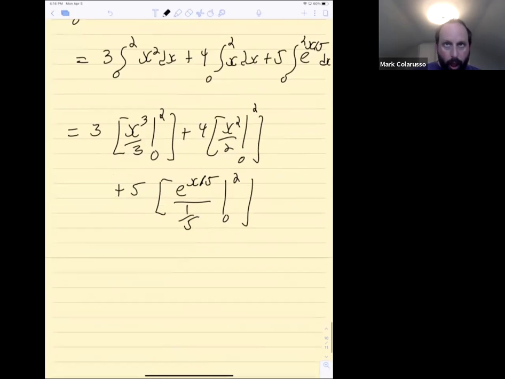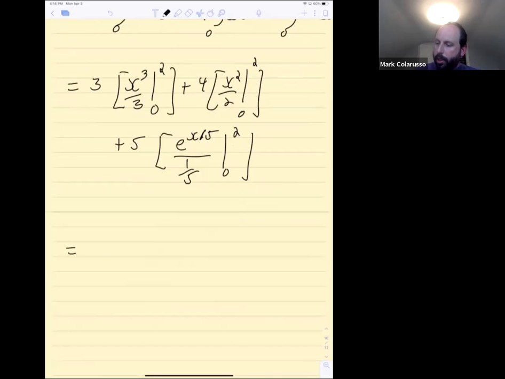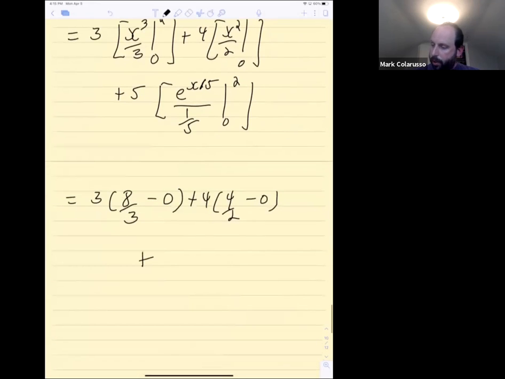Now we have to do a lot of evaluation. Actually, this won't be as bad as the last one, as you'll see in a moment. We get 3 times 8 over 3, since 2 cubed is 8, subtract 0 when you put in 0. Plus 4 times 4 over 2 minus 0, plus 5.